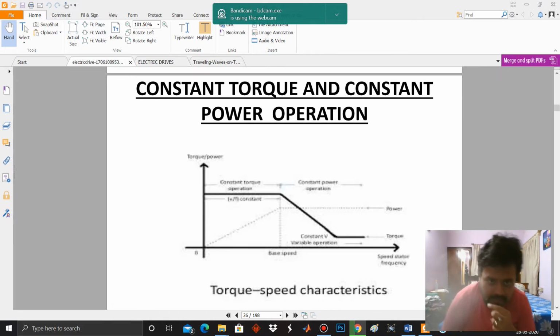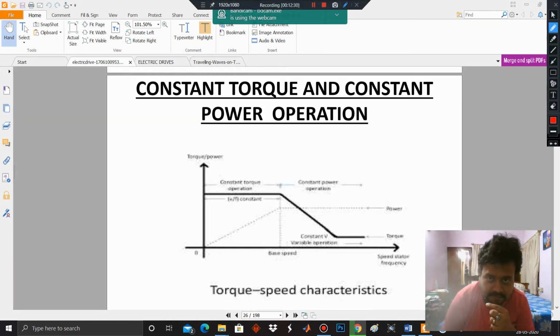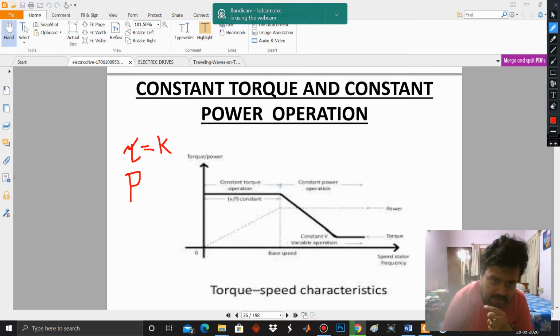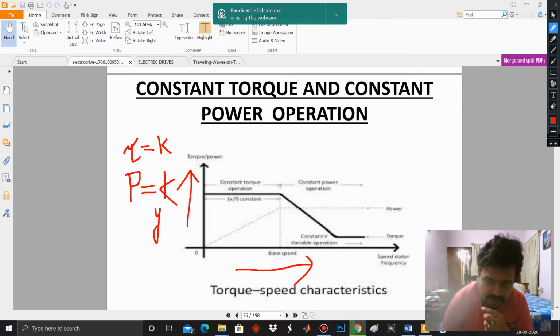Now let us consider the speed torque characteristics. So now there are two regions. One is the constant torque region, tau is equal to constant. Another is the constant power region, power is equal to constant. So now if we plot the torque and power versus speed characteristics, in the y-axis we represent the torque and in the x-axis we represent the speed or the frequency.